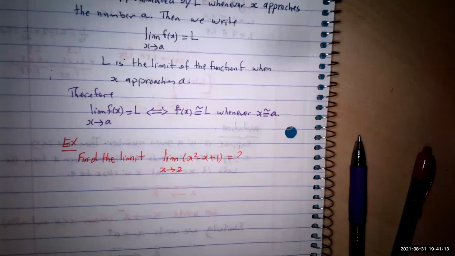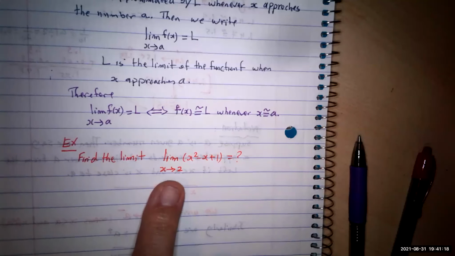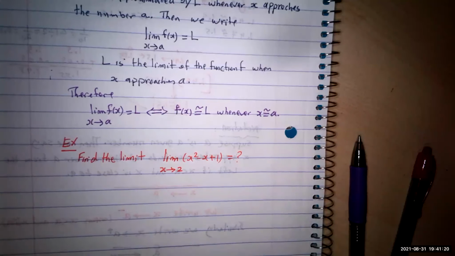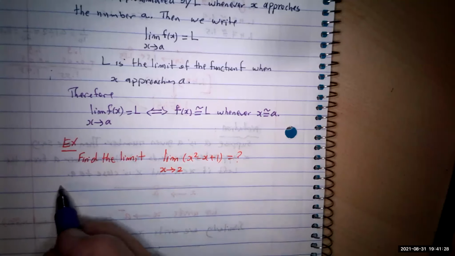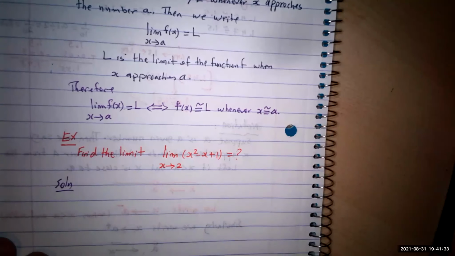So what we are going to do is draw a table. X goes to 2, and x can be bigger than 2 or less than 2. You have to check both of them to see what would happen to your function, and then you'll be done. We need some numbers and a calculator.